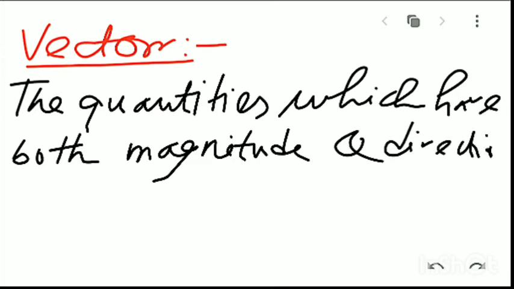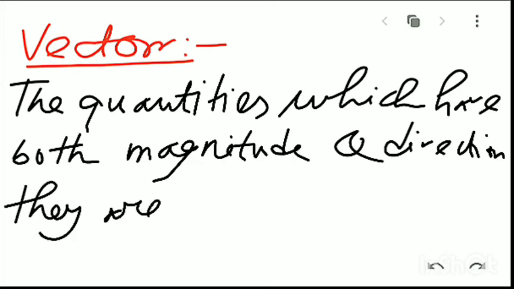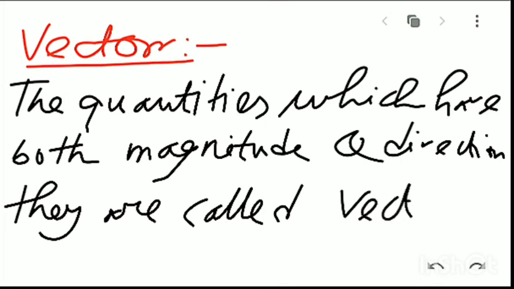Clear? Both magnitude and direction, they are called vectors, vector quantities. Clear? Now I am giving some examples of them.